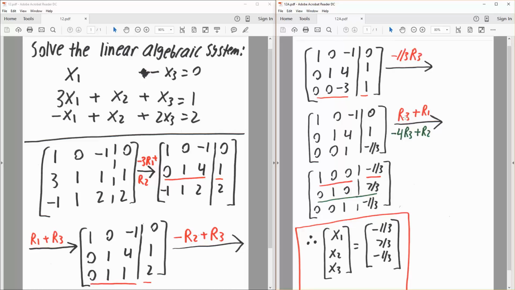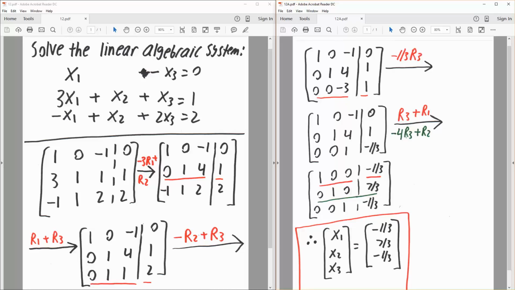And so if we say R3 plus R1, where we're manipulating only R1, we add R1. So 1 plus 0 is going to be 1. 0 plus 0 is going to be 0. Negative 1 plus 1 is going to give us 0. And 0 minus 1/3 would give us negative 1/3.